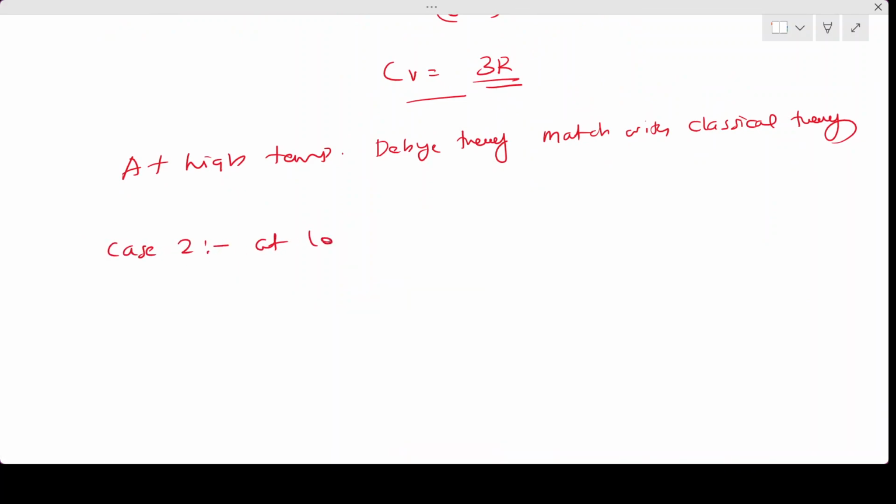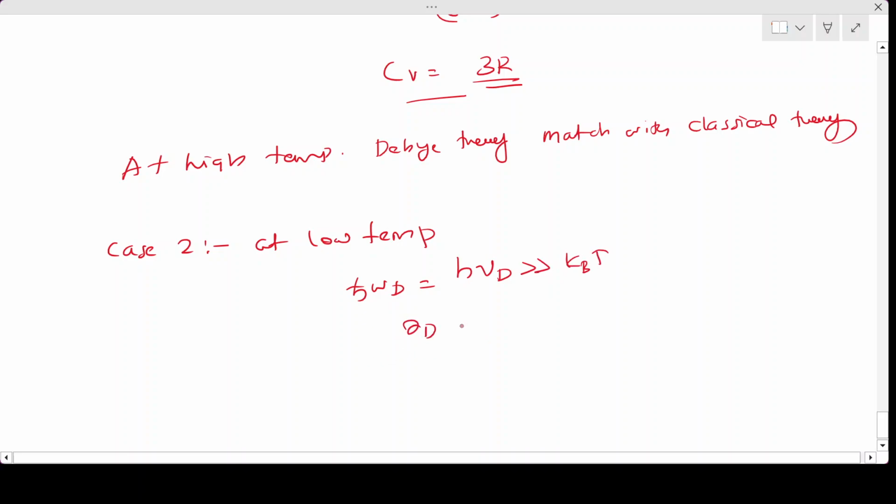So it is at a low temperature. That is an important case here because we are interested in this particular case. So h nu D will be very much greater than kBT here, that is, theta D is actually very much greater than the temperature.